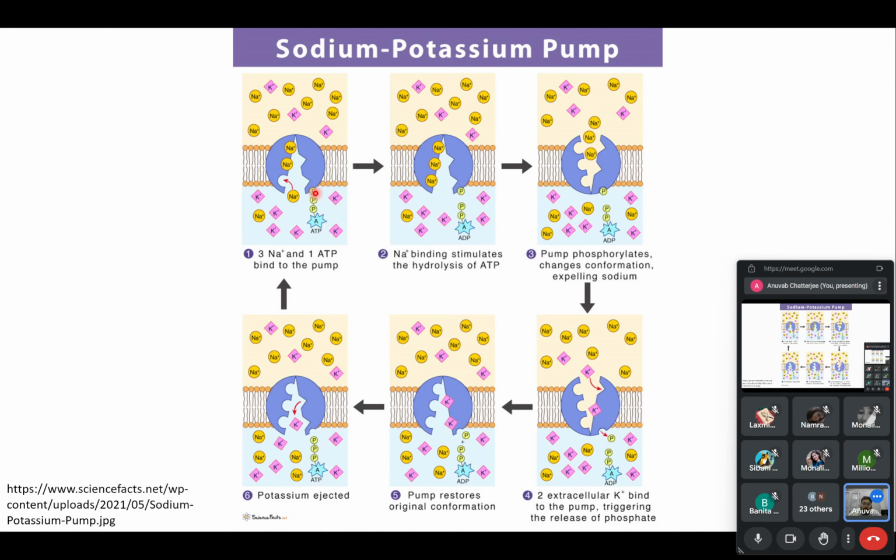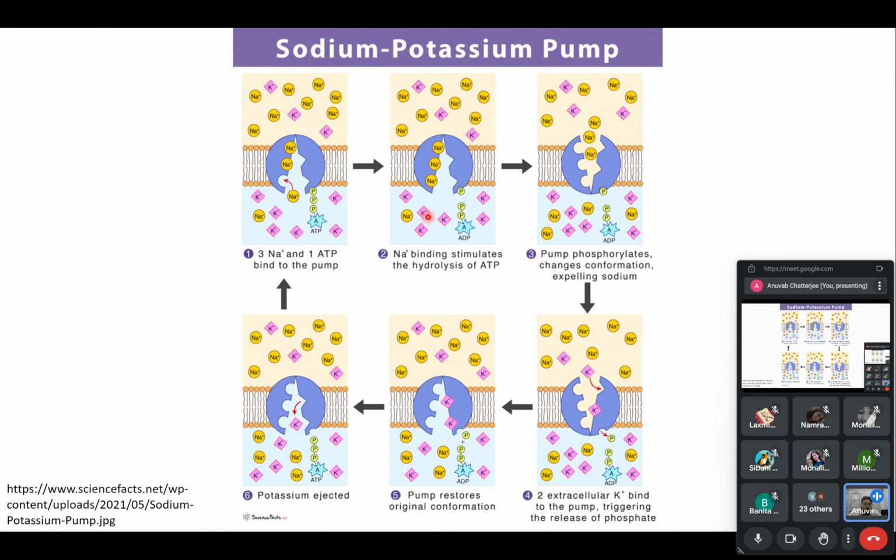First, the sodium potassium pump is facing towards the intracellular side, so it is facing towards the cytoplasm. Two events occur. First, ATP binds to the pump and it catches hold of 3 sodium ions.